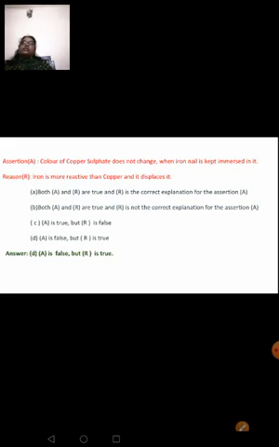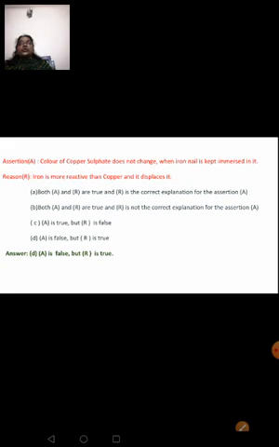We saw that, right? Fe plus CuSO4 gives FeSO4 plus Cu. So in a displacement reaction, a more reactive element displaces a less reactive element. So when copper is displaced from copper sulfate, what is displacing? Iron. Therefore iron is more reactive than copper. So that is true.